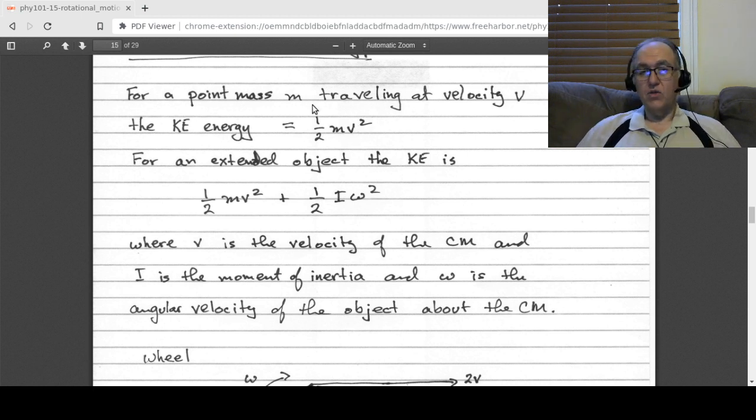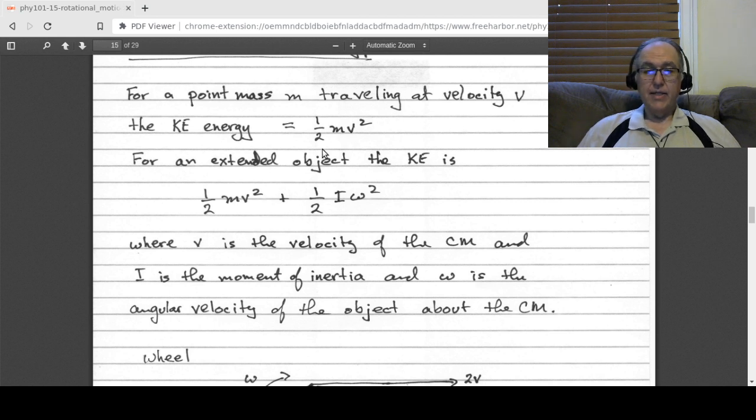You could do the same thing here, starting with the kinetic energy for point masses and proving this other formula comes out of it. I just mention this for consistency, to say that this is not falling out of the sky. I'm not just making this up. These are all part of consistent physics. So there you go, that's the first modification.